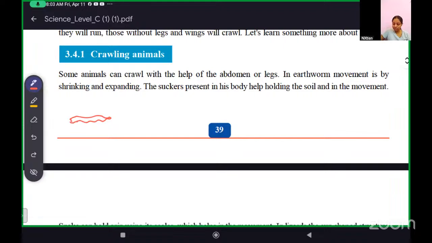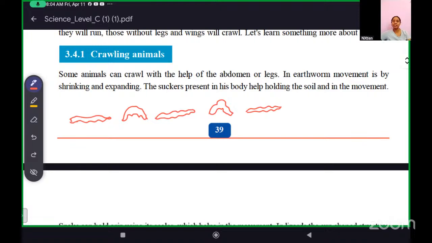It's one move, then another. The snail also moves the same way. A student asks what happens if the earthworm loses its balance and falls on its side.